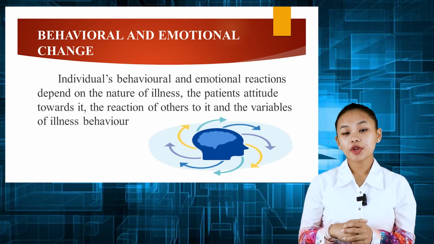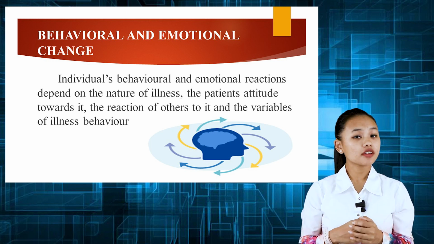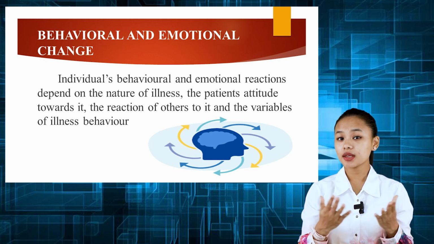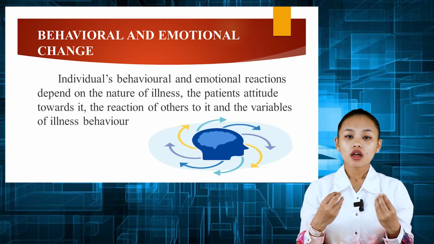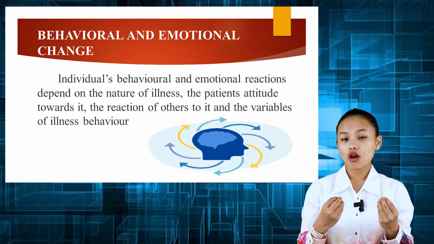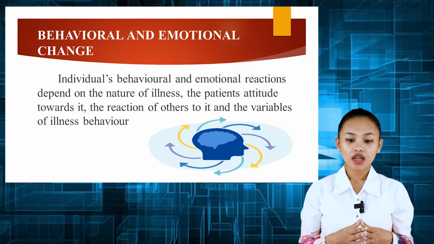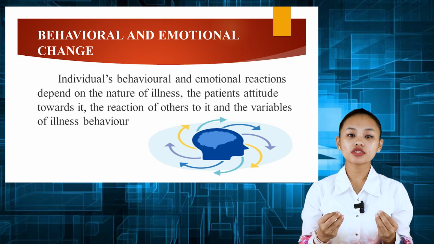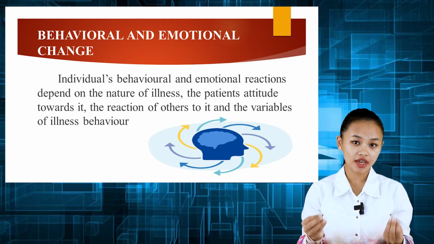So what are the behavioral and the emotional changes? Here, the individual's behavioral and emotional reaction depends on the nature of the illness, the attitude of the patient towards this illness, the reaction of others to it, and also the variable outcomes of this illness behavior.